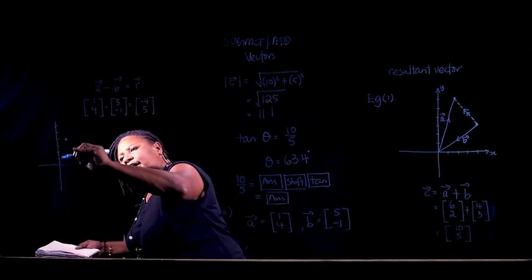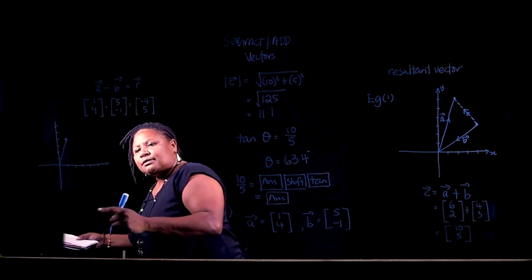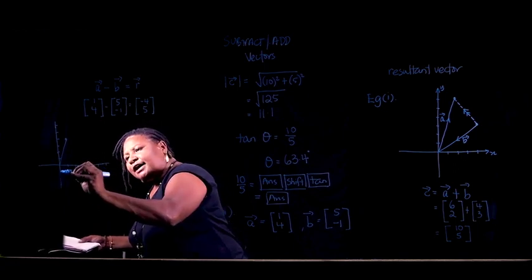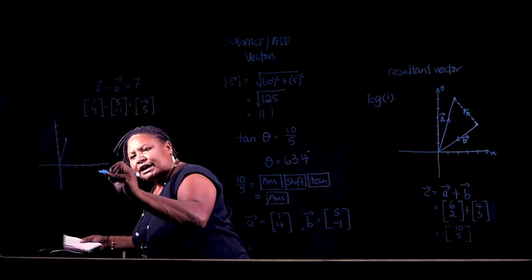Our first vector is here, 1, 4. The next one is 5, negative 1, which is going to be down here.